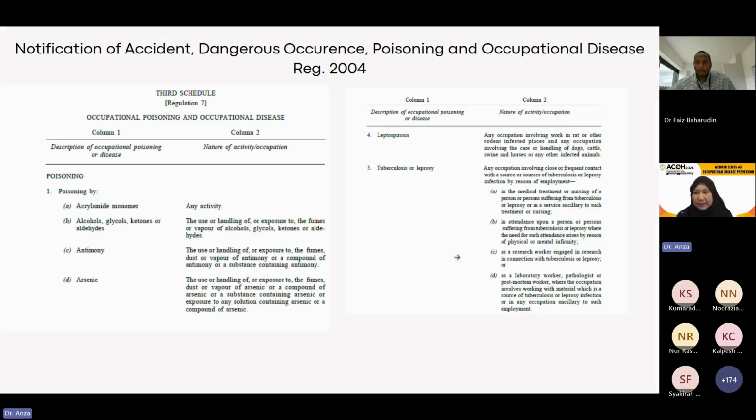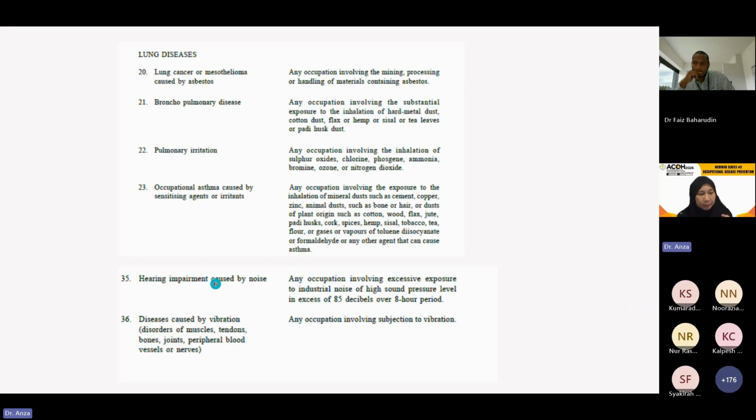Okay, this is from Malaysia again, for tuberculosis and leprosy. These are the nature of activity and occupation. You can see here the clinical diagnosis and the exposure. Again, hearing impairment: any occupation involving excessive exposure to noise at work, more than 85 decibels over an 8-hour period. So this is the exposure.